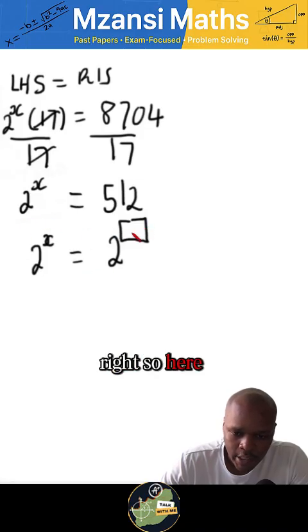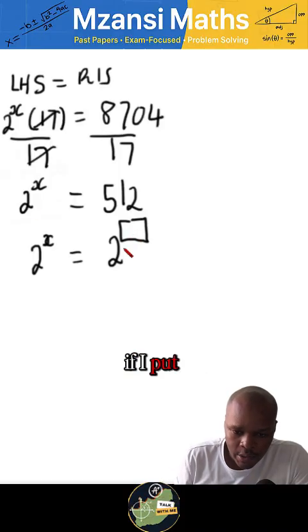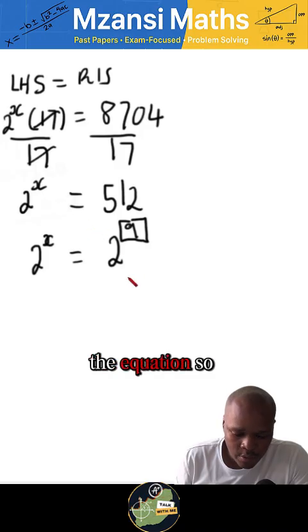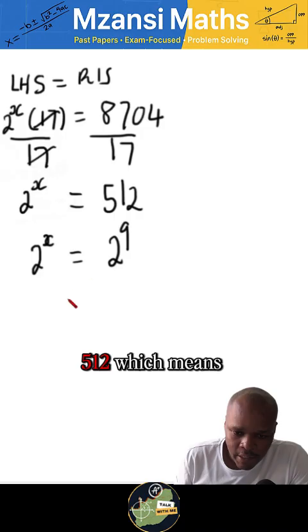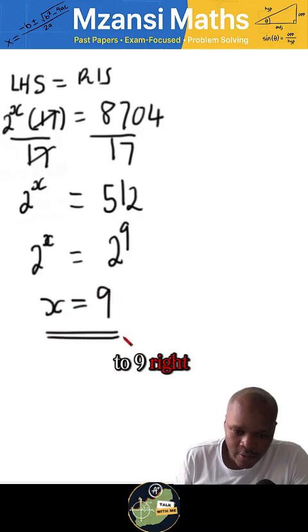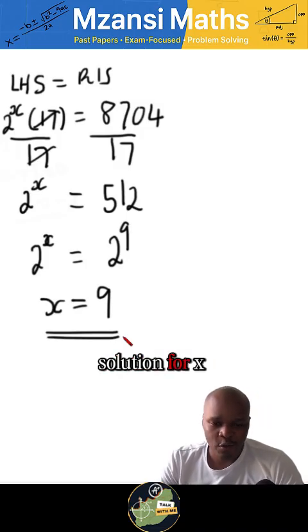So if I put 9 here, it will balance the equation. 2 to the power 9 is 512, which means x is equal to 9. That is our solution for x.